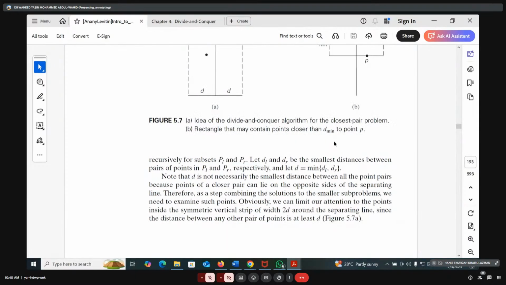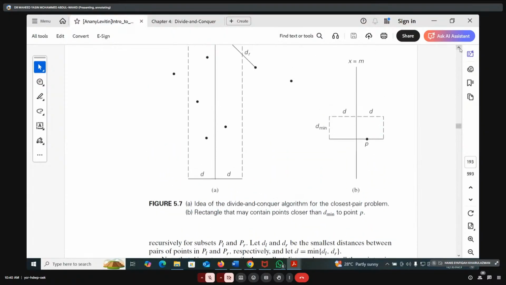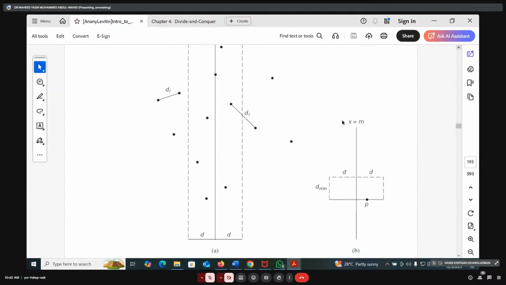Here he's asking why. He said that the distance between the 2 points here cannot be more than d, because if it is, it will become the left or the right.